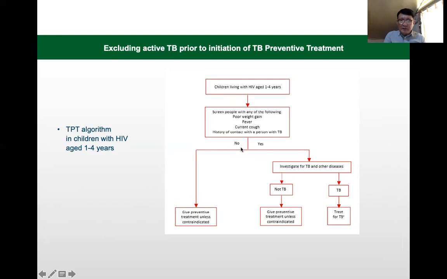If there is none, no cardinal signs and symptoms, we can proceed giving TPT. If yes, then we have to investigate for TB and other diseases. If our result is not TB, then we can give preventive treatment unless contraindicated. If it is TB, then we have to treat for TB.